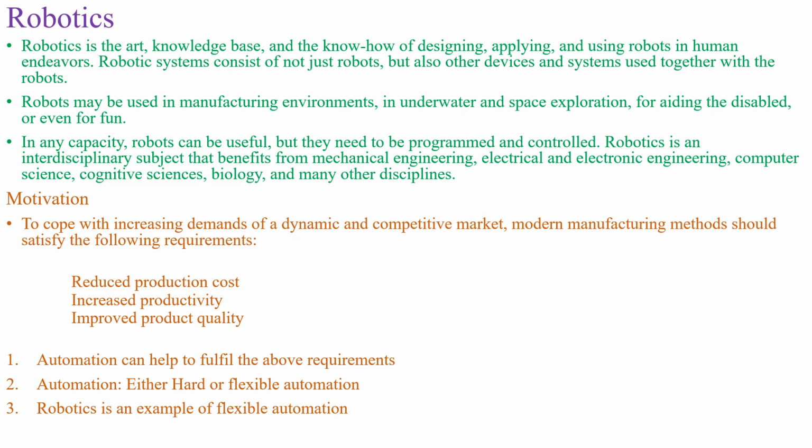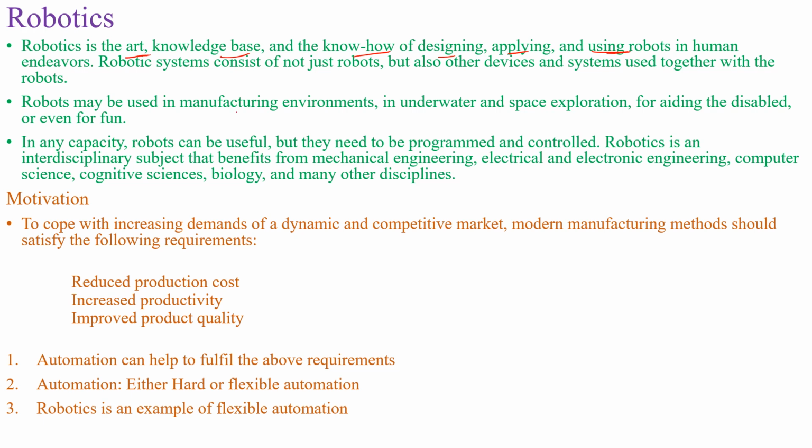Robotics means you have to use a robot, but not only a robot. Along with the robot, you have to use other components like sensors, controllers, and software, and all these together form robotics. So robotics is the art, knowledge base, and know-how of designing, applying, and using robots in human endeavors. We use this concept to do a particular task.